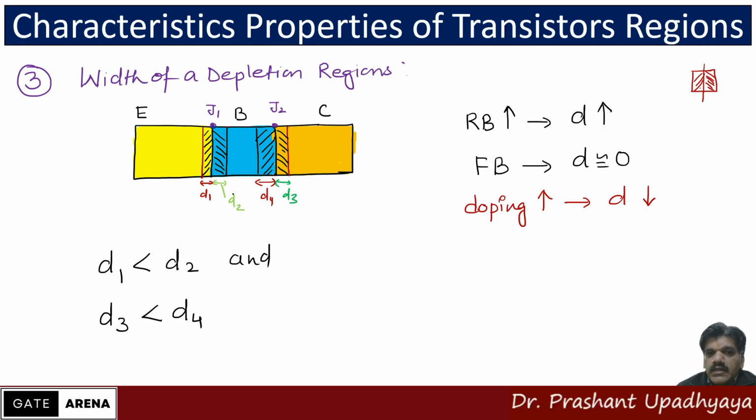So when we are comparing this D1 and D2 of J1, this is much less compared to this J2.